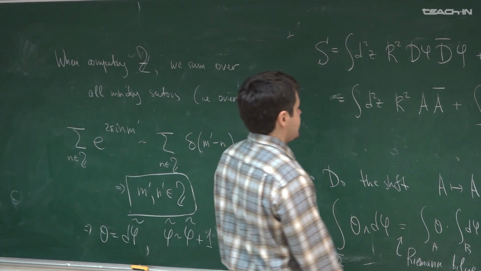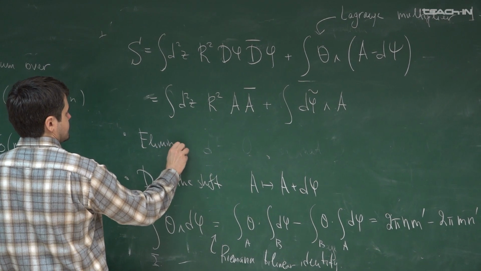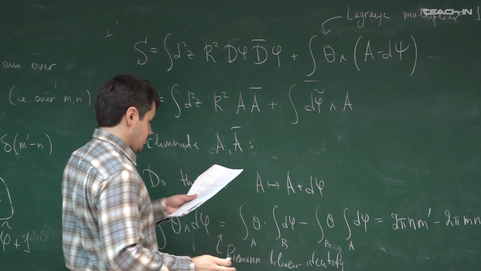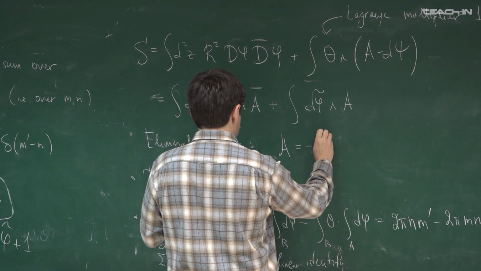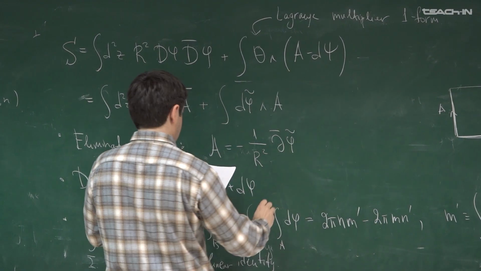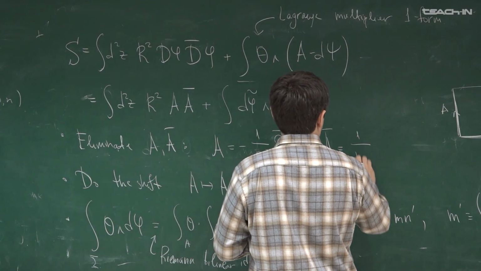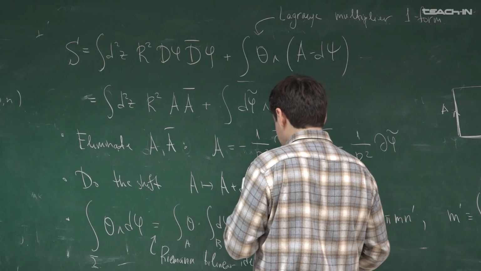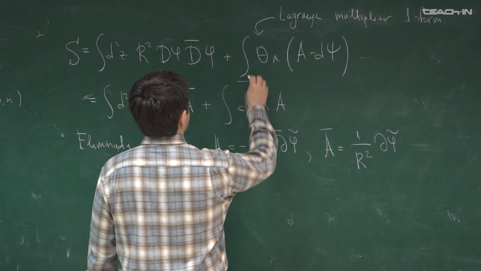And now we eliminate A. The equations of motion tell you that A is minus 1 over r squared d bar phi tilde, and A bar is d phi tilde. I guess I'm assuming I put an i here.